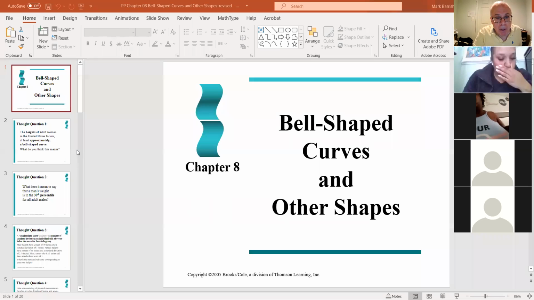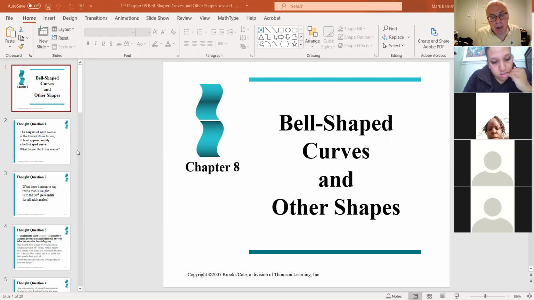All right. So here we're going to be talking quite a bit about the bell-shaped curve. We talked a little bit about skewed left, skewed right curves, right? But the bell-shaped curve is the one that's used a lot in statistics. We're going to talk a little bit about it in general.